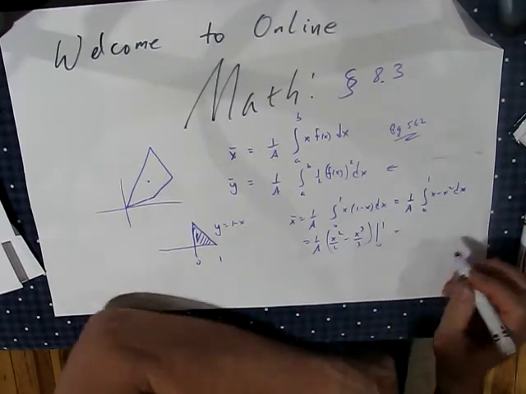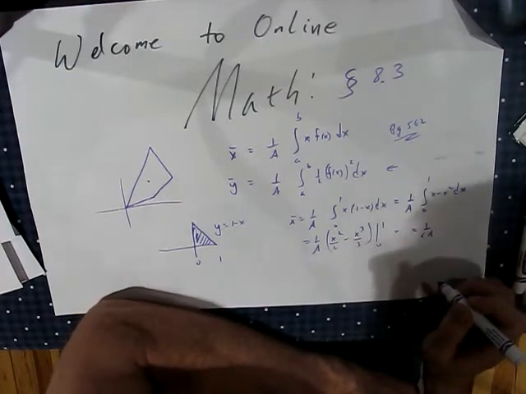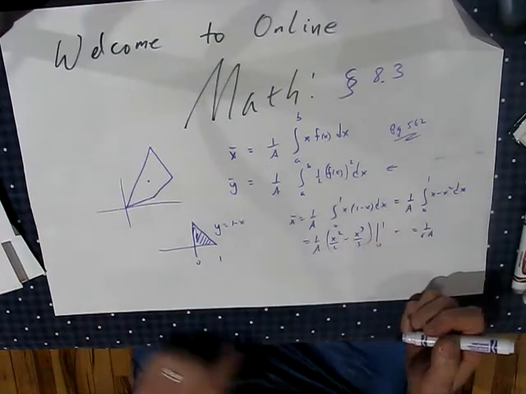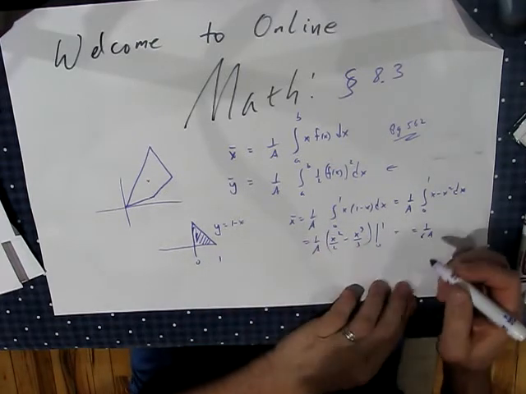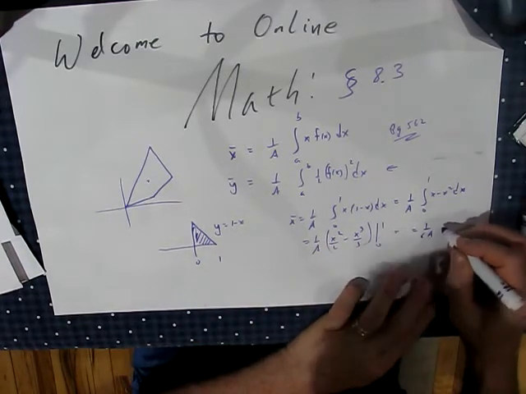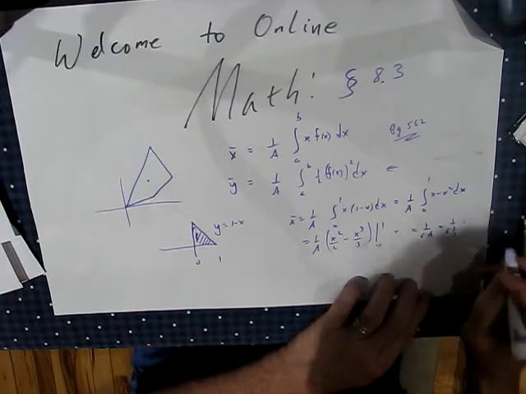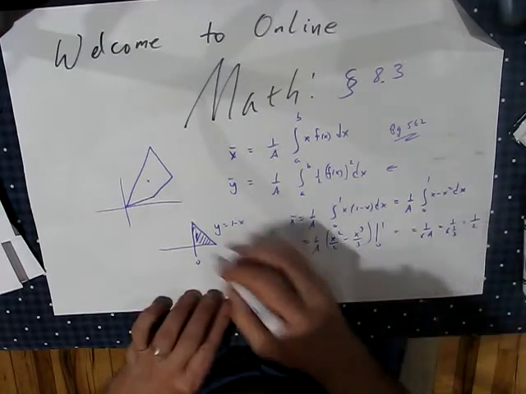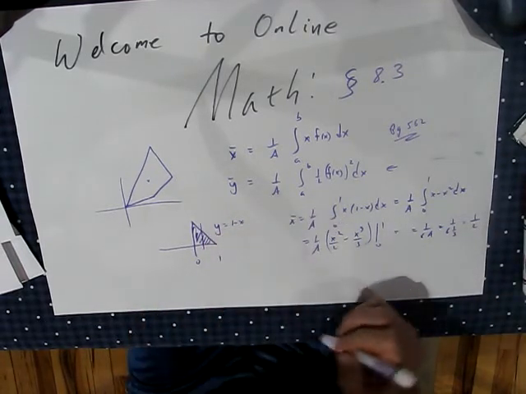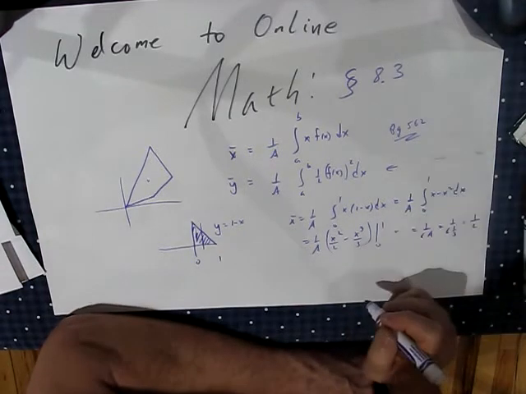And 1/2 minus 1/3 is a sixth, and so we get 1 over 6a. Now a is obviously the area of this triangle, which is base 1, height 1, so the area is a half. So we're going to get the number 1/2. Kind of a surprise. I didn't expect to see that.